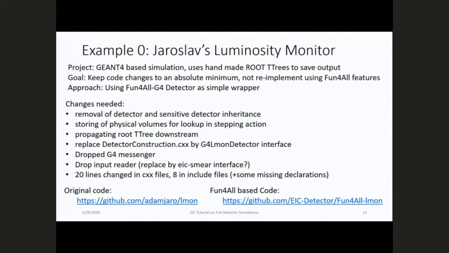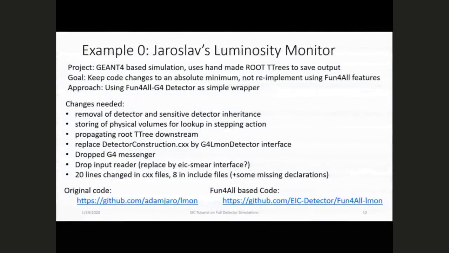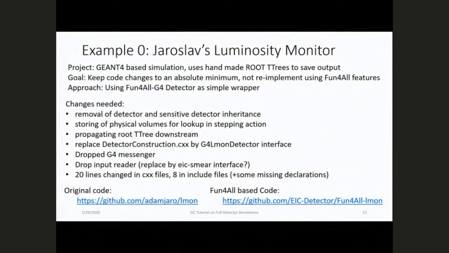All in all, it's interesting: it resulted in 20 lines changed in his CXX files and 8 in the include files. There were some missing declarations, and I had to tweak the Geant4 include path. But in general, that's all there is to it. The original code you can find here. The Fun4All base code is on that side.